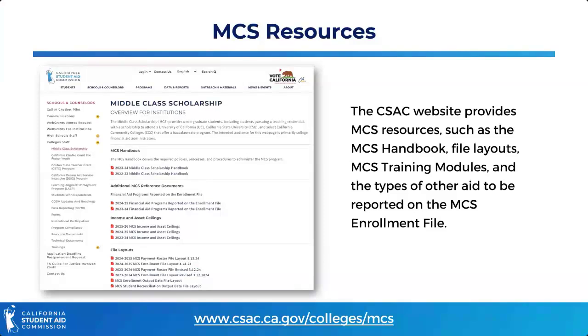Now, this is great because your IT folks with your financial aid management system can get support and utilize these layouts to program your system to help format files for upload or to format feedback and output reports.